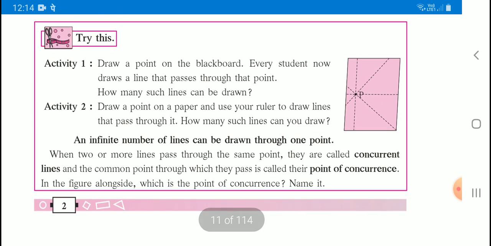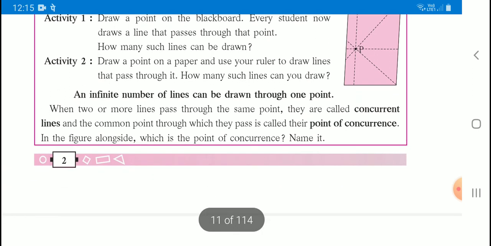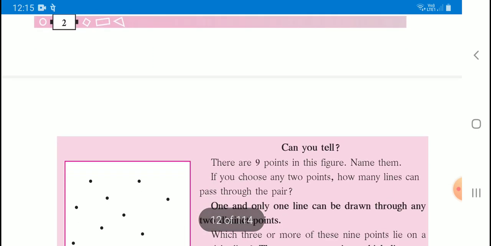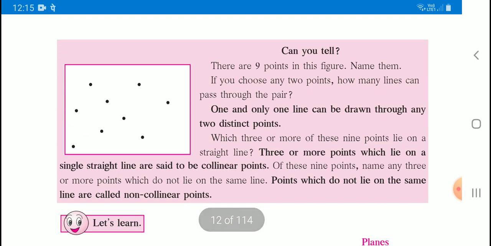If you see the figure here, they showed the lines passing through point P. So here, the lines passing through point P are concurrent lines, and point P is known as the point of concurrence. Now, see next.